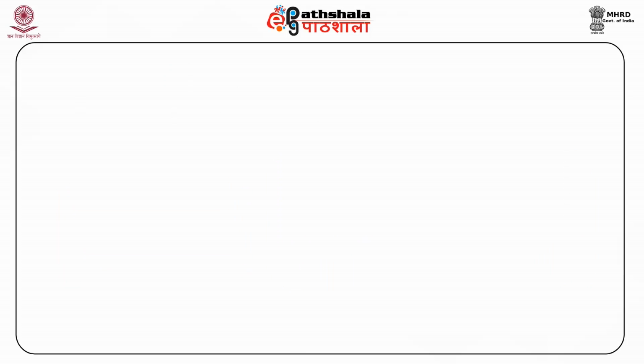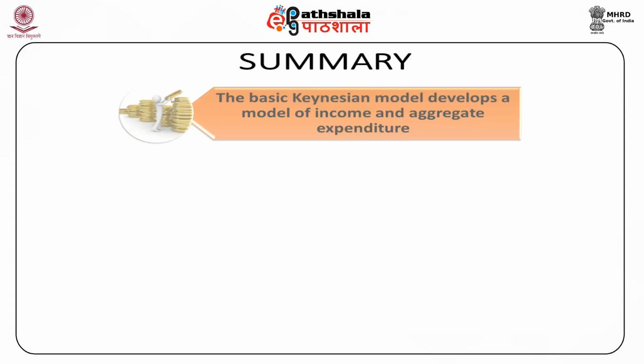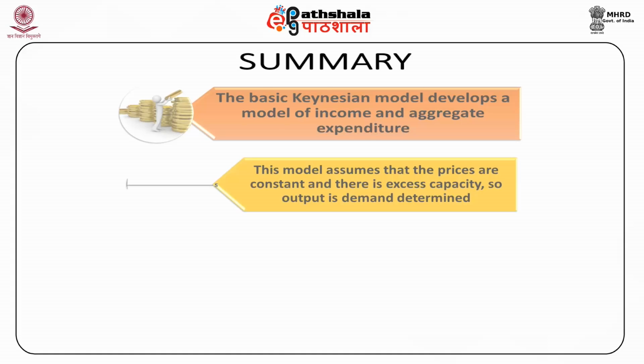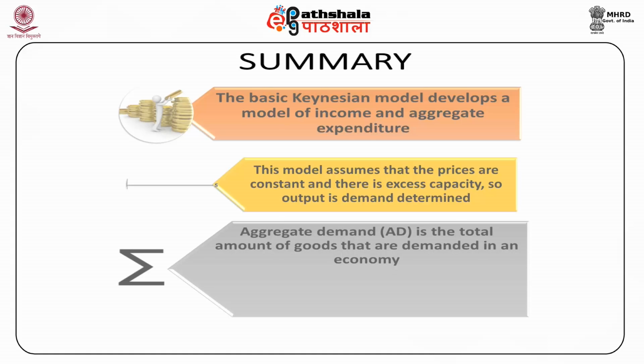Let us summarize what we learned in this module. The basic Keynesian model develops a model of income and aggregate expenditure. This model assumes that the prices are constant and aggregate supply curve is horizontal. Aggregate demand, AD, is the total amount of goods that are demanded in an economy.